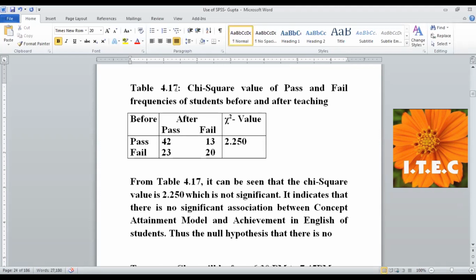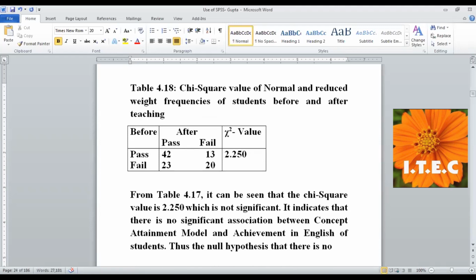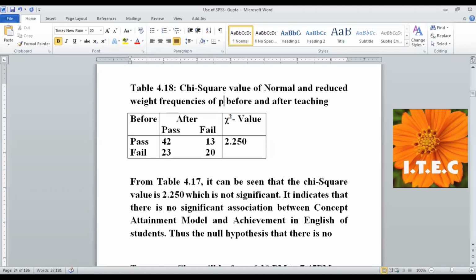Chi-square value of normal and reduced weight frequency of people before and after physical exercise.